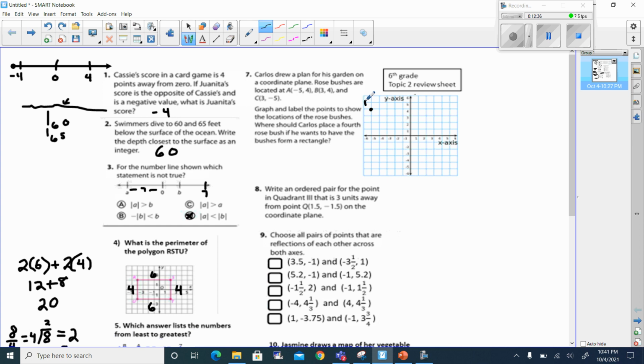That's going to be A. Next, we got B at 3 and 4, and 3 and 4 is at 1, 2, 3, and then 1, 2, 3, 4. So this is going to be B. Next, we got C, 3 and negative 5. So positive 3 and negative 5. 1, 2, 3, 4, 5.